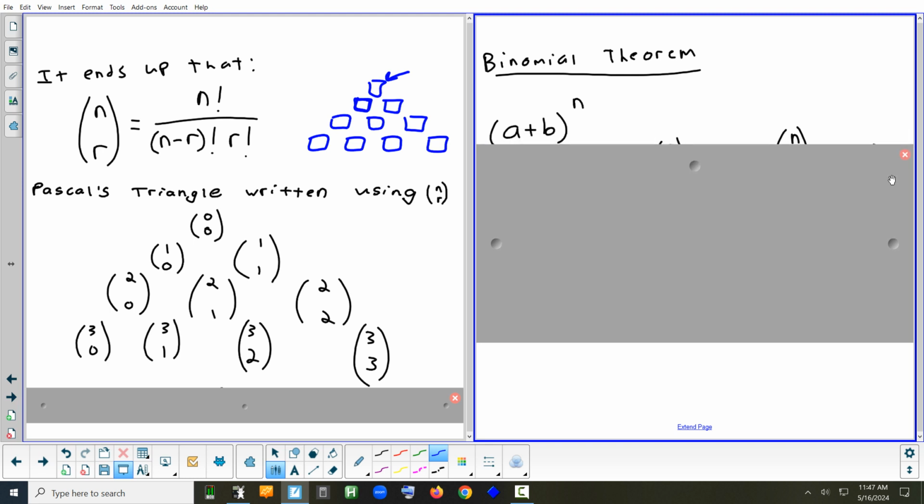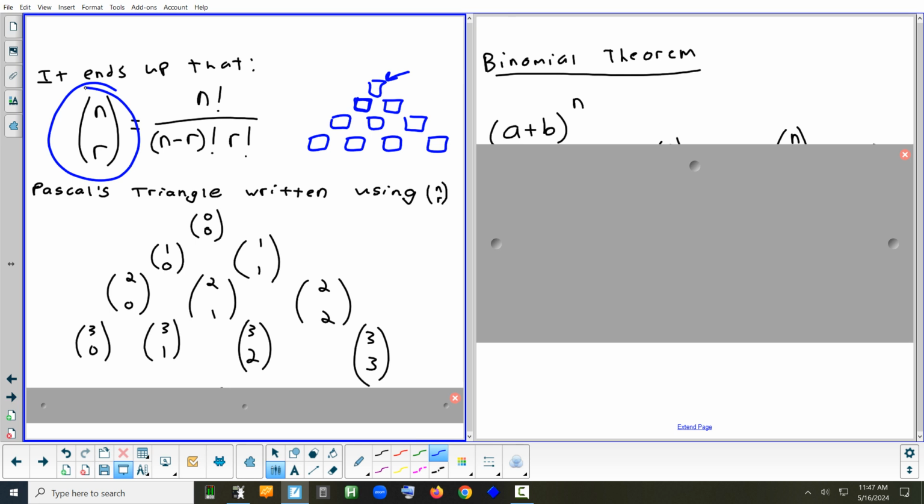All right, so how could we expand a plus b to the n now using this idea? If we don't know the row that we need in the triangle, maybe it's too high, we don't have it written down.